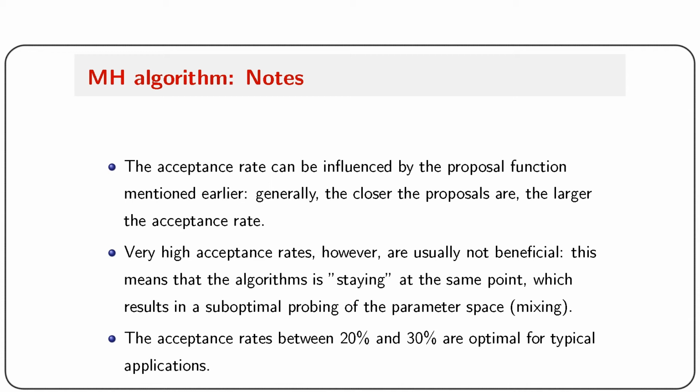Generally, the closer the proposals are, the larger the acceptance rate. Very high acceptance rates, however, are usually not beneficial. This means that the algorithm is staying at the same point, which results in suboptimal probing of the parameter space. Acceptance rates between 20% and 30% are optimal for typical applications.